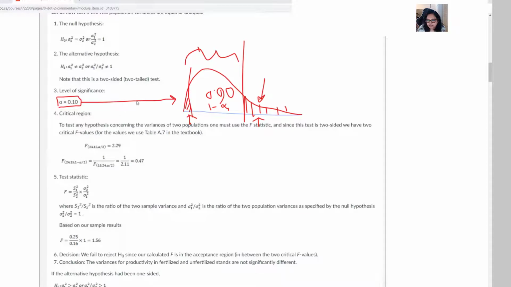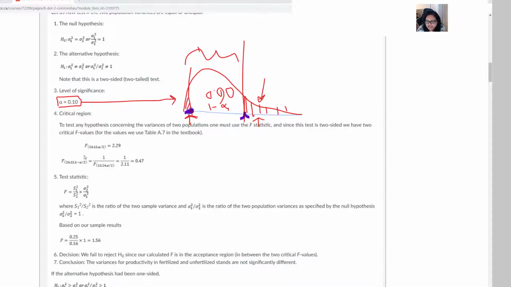Over here we are trying to find the critical value. Let me use another color. So the critical value over here and then over here. At these two points we need to find the critical values so that we can compare them with the statistic value.